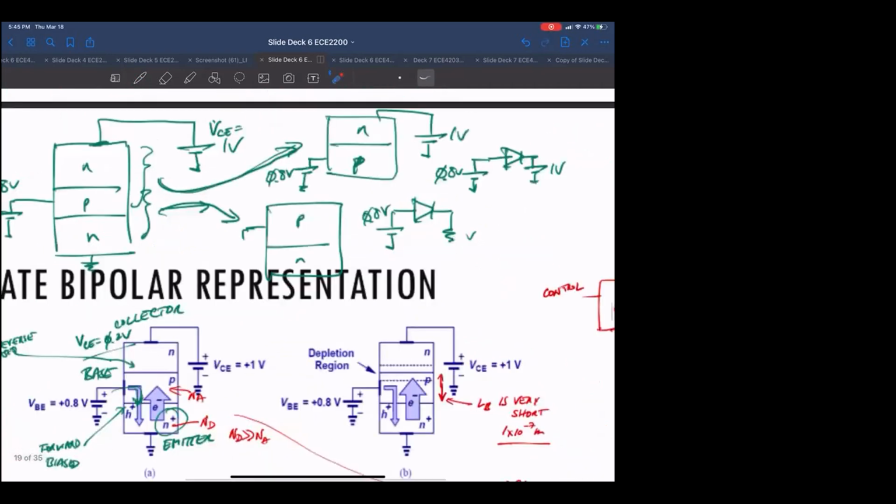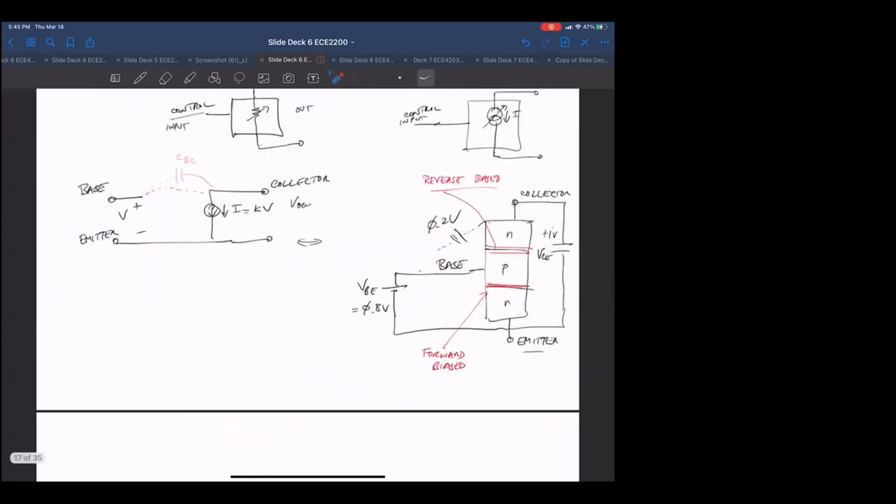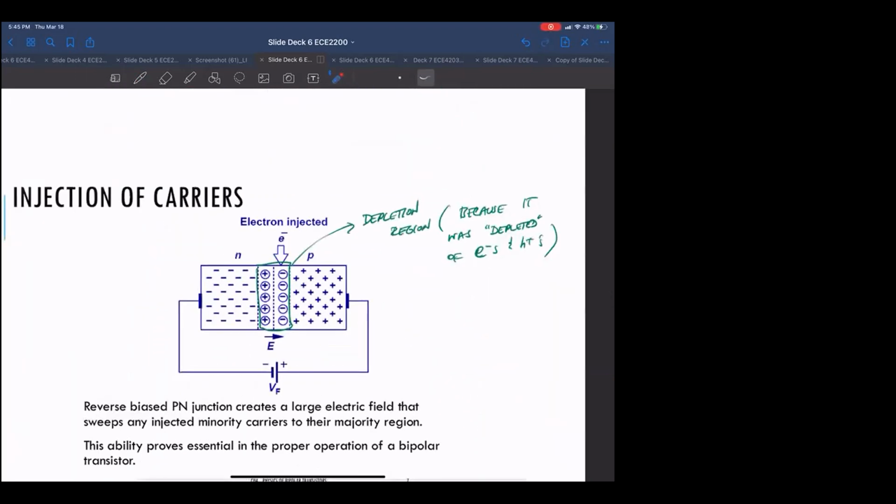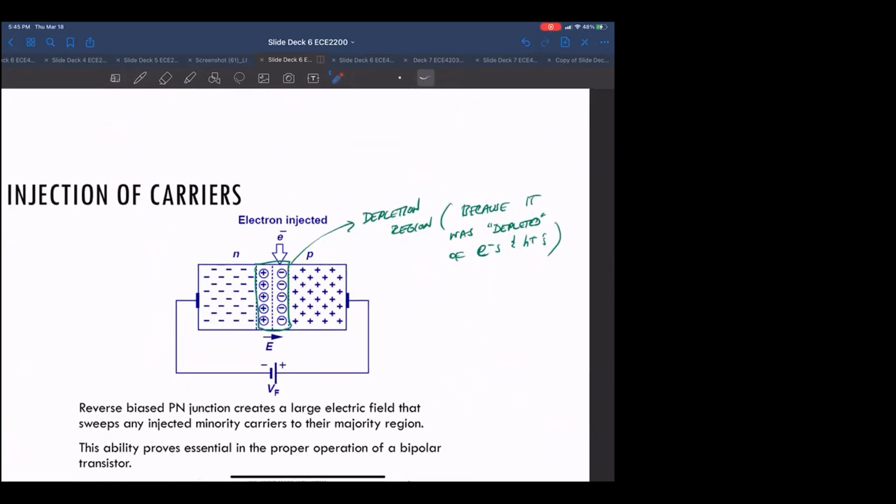Remember, very initially we said that if we had a junction that was, wait a minute, this is VF. So we want to make this higher. Yeah, so this is a reverse bias. I don't know why it's called VF.